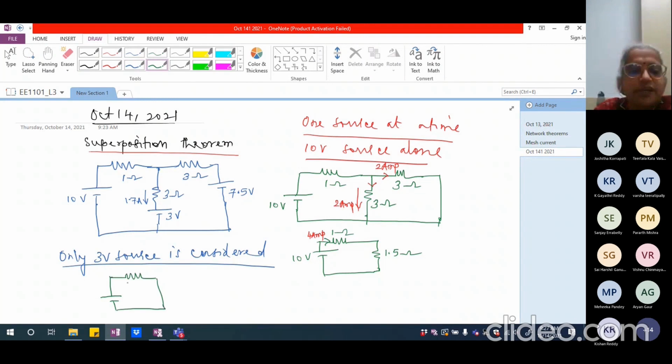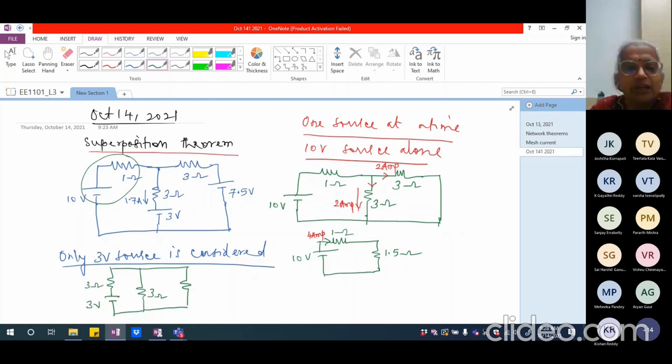Let me draw it exactly in series because both of them are going to be together in parallel with the other two resistances. The 1 ohm is on the other side, but I can still draw it like this.